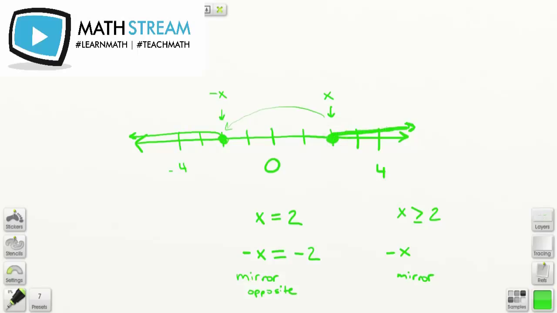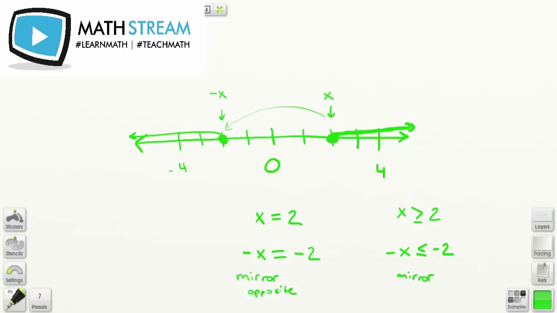If I have x greater than or equal to 2, then negative x should be less than or equal to negative 2. So when I find the mirror image of an inequality, I end up switching directions, right?